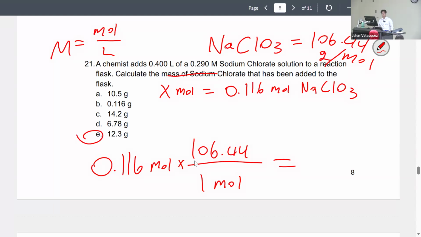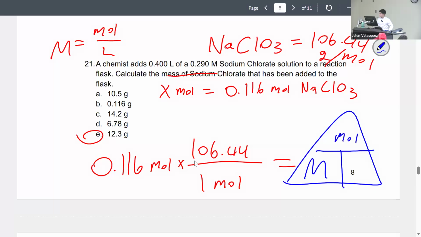The triangle is just kind of confusing because you would think that when you solve for moles you divide by the liters. So let's see, I'll do it in blue. You think that if you're covering up the moles, you would divide, right?